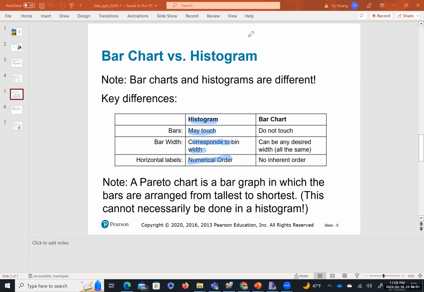For the bar chart, the bars do not touch each other, and there is no inherent order. So we don't have to put 10 to 20, and then 20 to 30, like in a histogram, because a bar chart is categorical, so it will be just black, white, yellow, something like that, right?